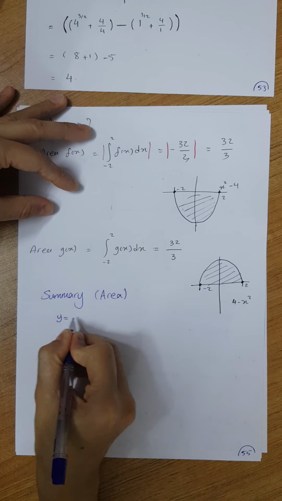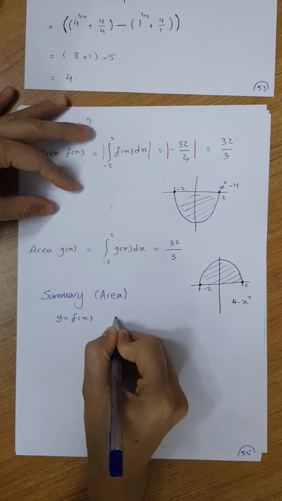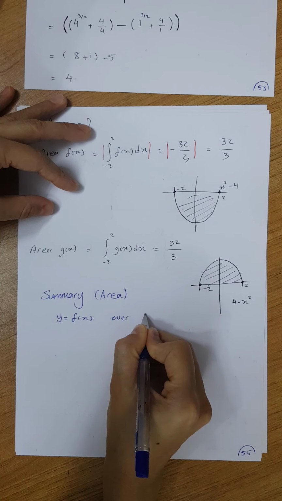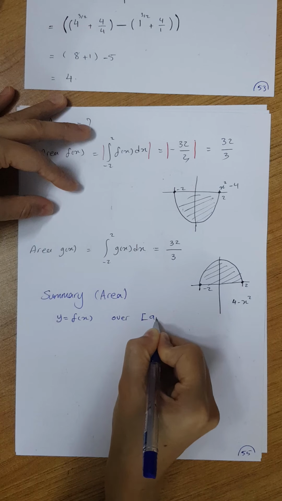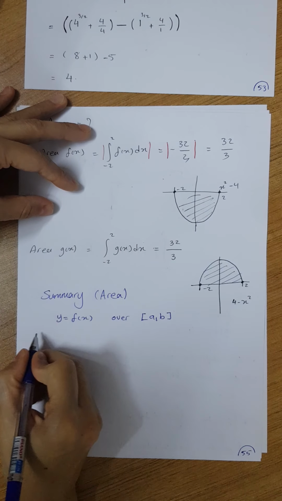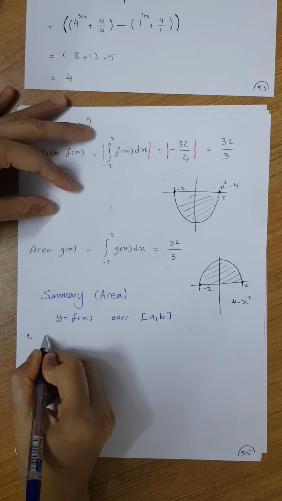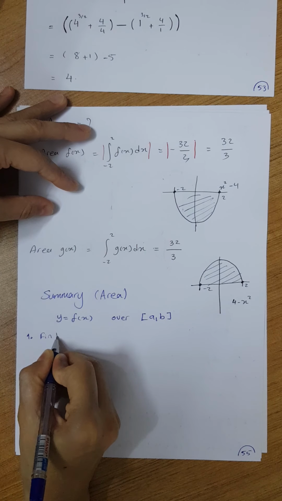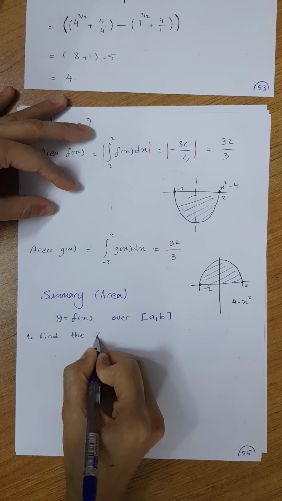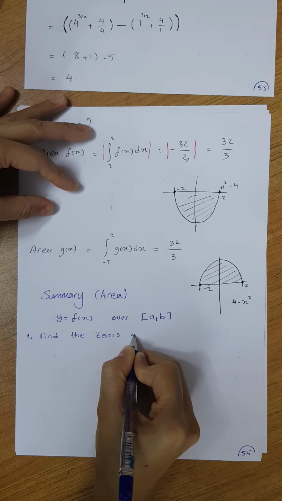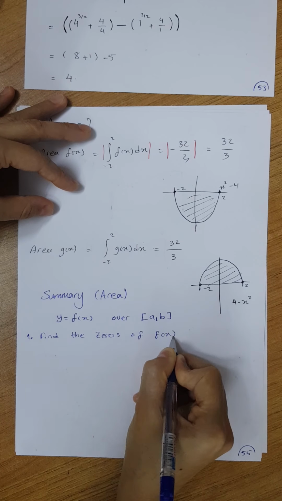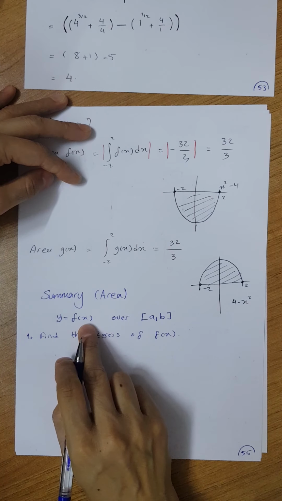Of course, I have got a function f of x given over an interval. Okay, it's integrable over the interval a and b. The first thing that you have to do is to find the zeros of f of x. What does that mean? Find zeros of that function.